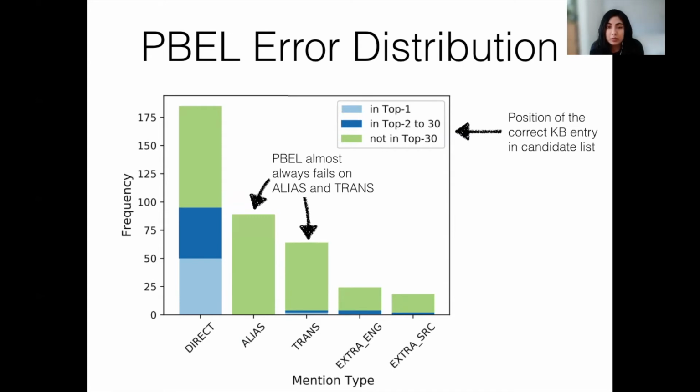Having such a large number of mentions without the correct link in the candidate list strongly limits the end-to-end entity linking performance. That's why, motivated by this analysis, we present 3 modifications to the model, as well as to the data used for training, in order to improve candidate retrieval, while still not requiring any resources in the source language.